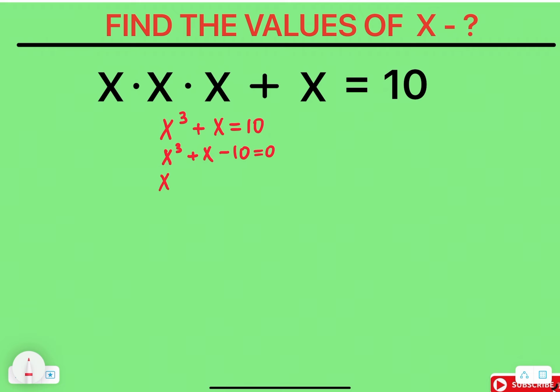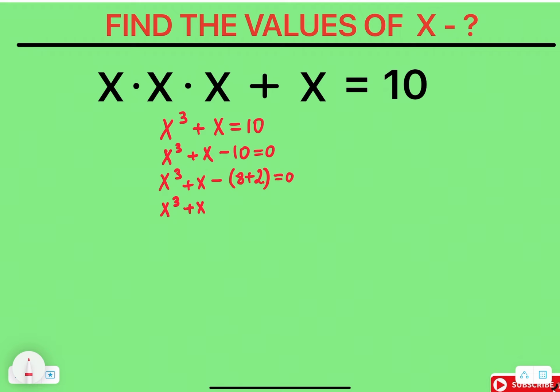I will write x cubed plus x minus, in parentheses, 8 plus 2, right? Equals 0. Now we have x cubed plus x.